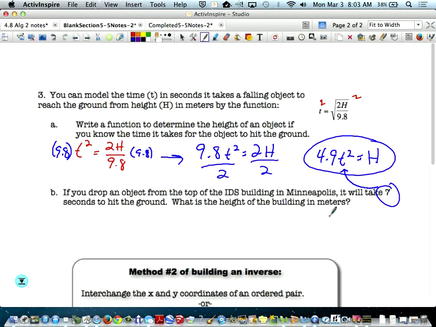So what's 4.9 times 7 squared? 240.1. Now remember up here, this is in meters. About 240 meters tall.